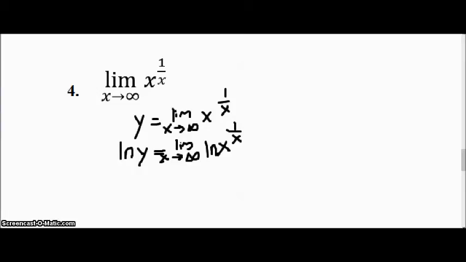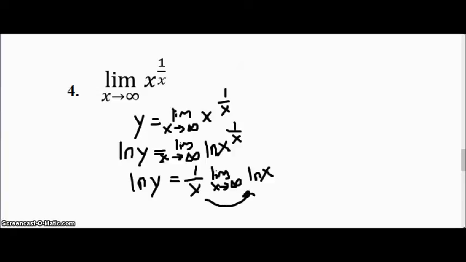Now with this, through logarithmic laws, we can bring this power down to the front. So now we have ln of y is equal to 1 over x times the limit of x approaching infinity of ln of x. Now, with limit laws, we can put that 1 over x back into the limit function.